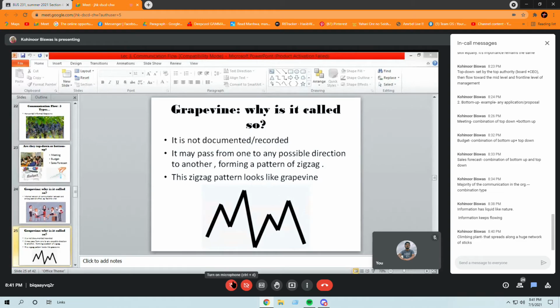Grapevine is the same kind of network of sticks on which the grape plant grows.